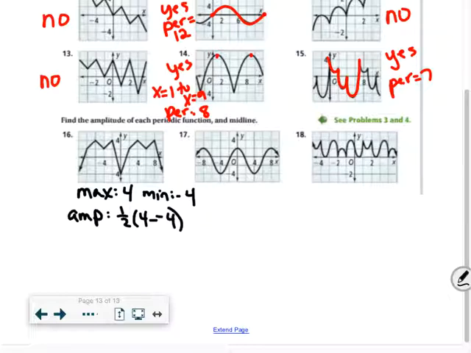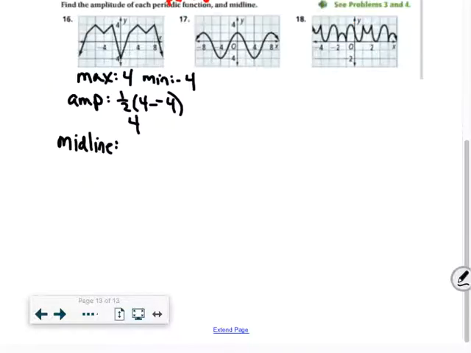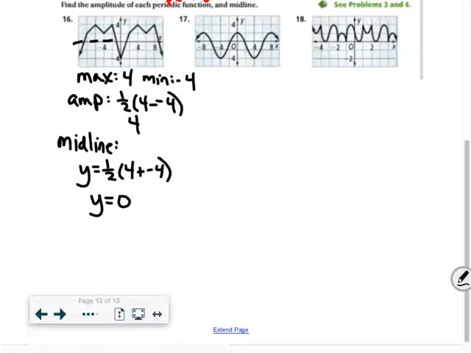So that's half of 8, which is 4. It also asked us for the midline. The midline is different. It's an equation. So that's going to be y equals 1/2 of 4 plus negative 4. Well, that's 0 and half of 0. Do you see that if I drew the midline up on this graph? It's halfway between, which is y equals 0. So that's pretty cool.